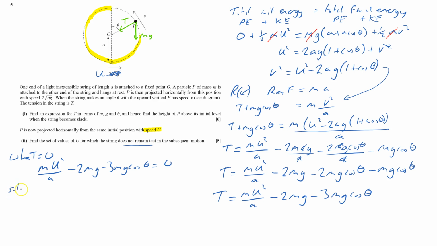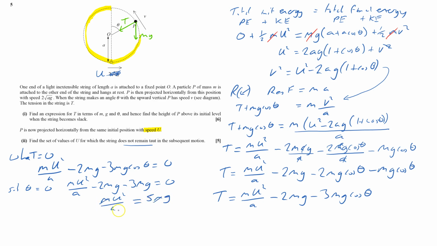So we're going to substitute theta equals 0, and that'll say that mu squared over a minus 2mg minus 3mg equals 0, because if theta is 0, cos theta is 1. And that'll say that mu squared over a equals 5mg.